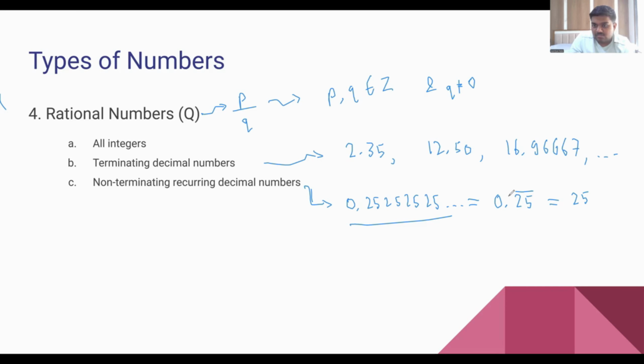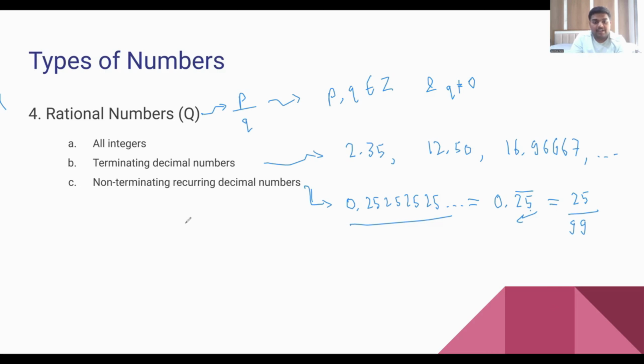So if it was 1 and then 2, 5 bar, then we had written 1, 2, 5. Okay. So 25 divided by, now count the number of digits from left to right, with the bar present. So 5 is a digit, and since it has a bar above it, we will write a 9. 2 is a digit, it has a bar above it. We will also write a 9. Okay. So the value of this fraction is 25 by 99.